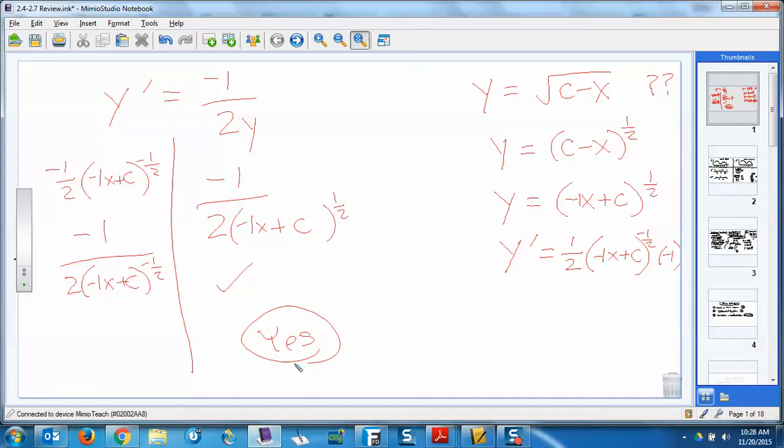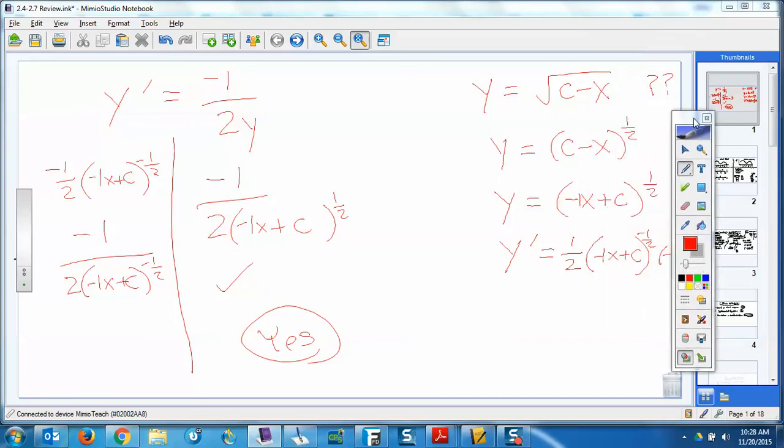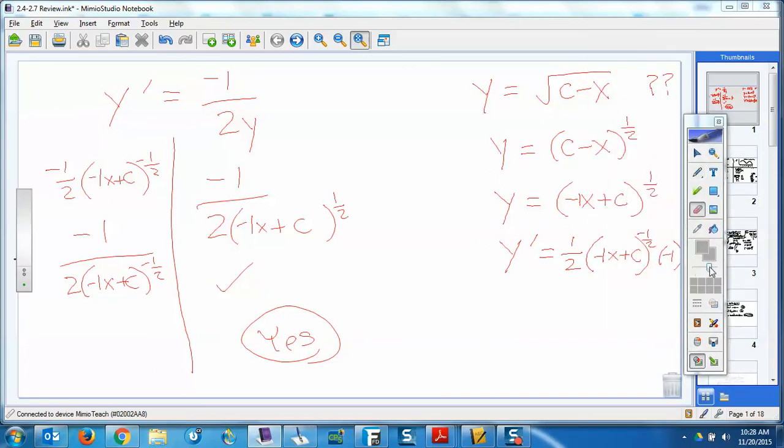Yes? Does the negative 1 distribute to the negative 1/2 power? No. So then how is it? Oh, wait, time out. What did I do wrong? I don't know. Anybody, what do I have wrong? I'm guessing you noticed that. I have to do that as a negative once I move this down to the bottom.